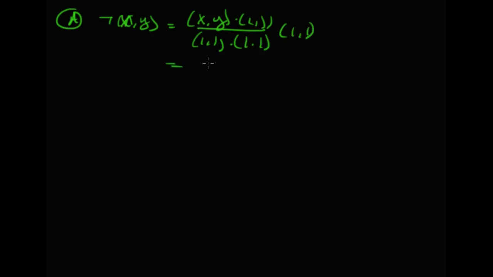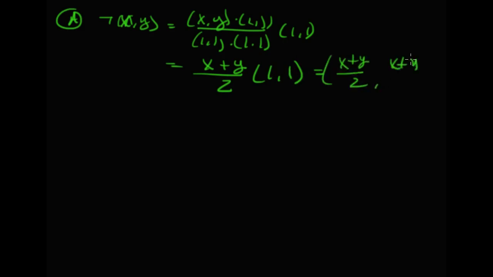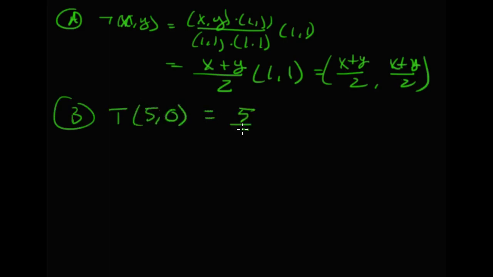That becomes x plus y over 2 times 1, 1, which is going to be x plus y over 2, x plus y over 2. All right, so following along, that means that 5, 0 should be 5 plus 0, which is 5 over 2, 5 over 2.